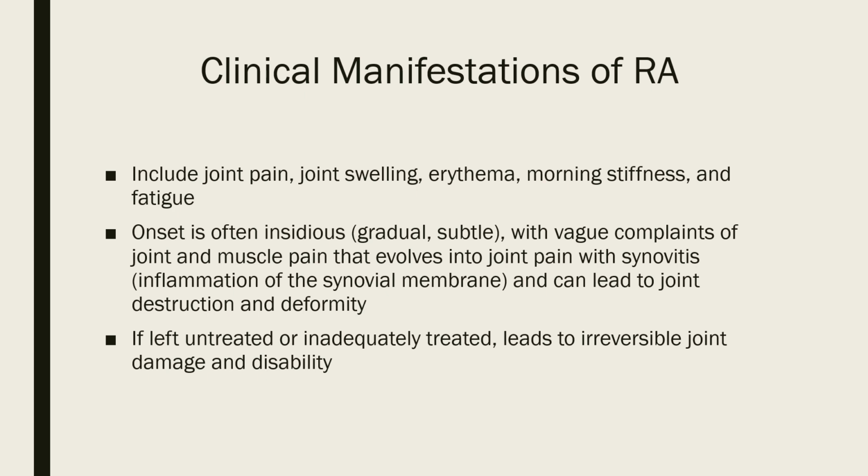And synovitis is inflammation of the synovial membrane, and this can lead to joint destruction and deformity. So, if left untreated or inadequately treated, this will lead to irreversible joint damage and disability.